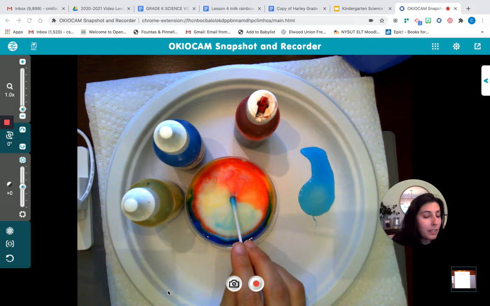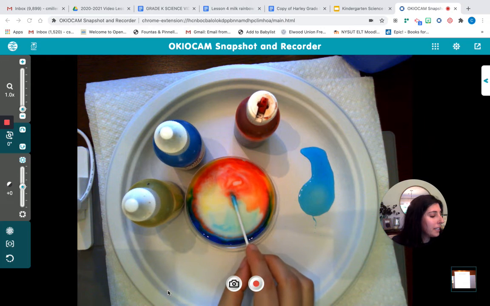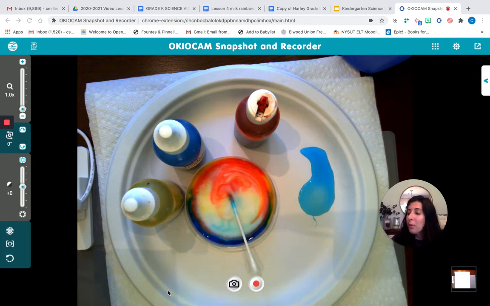Could you please tell somebody next to you what you observed happening when we put the dish soap into the milk? Go ahead and share with somebody next to you. Ready, set, turn, and talk.